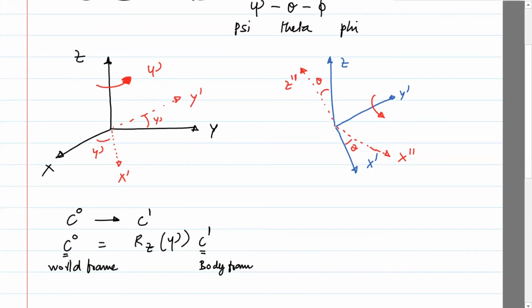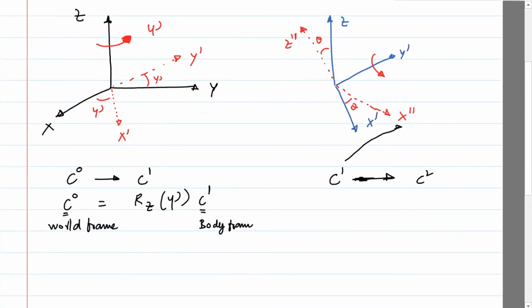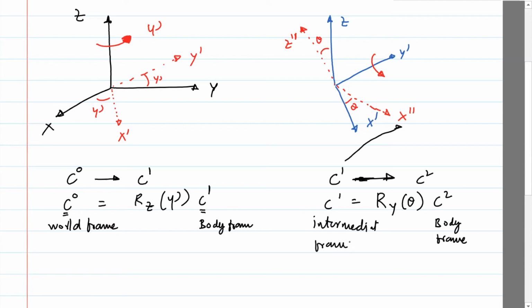So now what we can say is we have a similar expression. So we have C1, which is in this frame, equals, so this is undergoing a transformation to C2. And then the formula which relates C1 to C2 is R_y(theta) C2. So this is again the same way you interpret it, which is the object body frame is C2, and then this is telling you what it would be in intermediate frame C1.